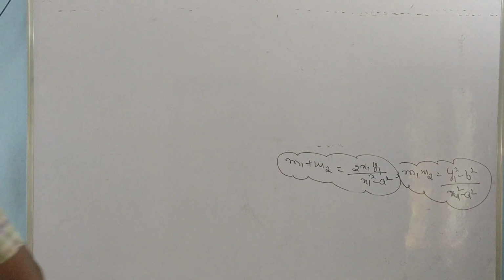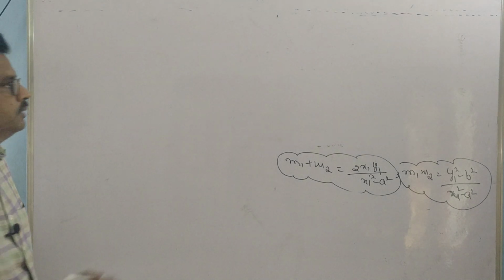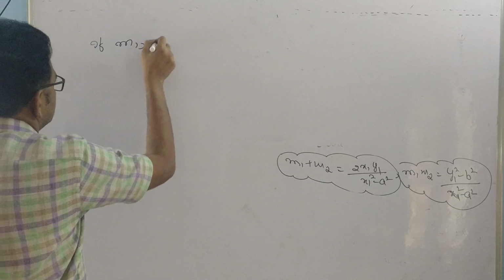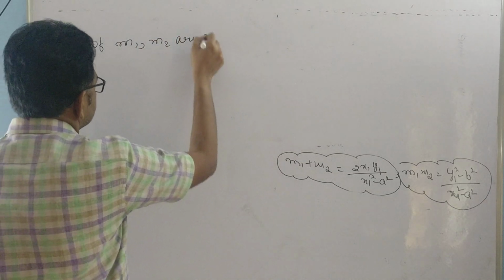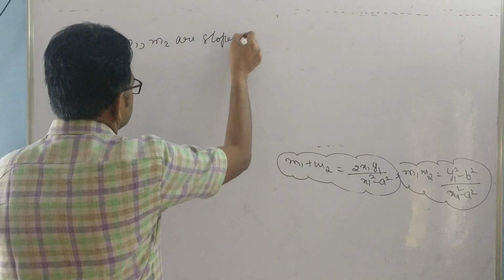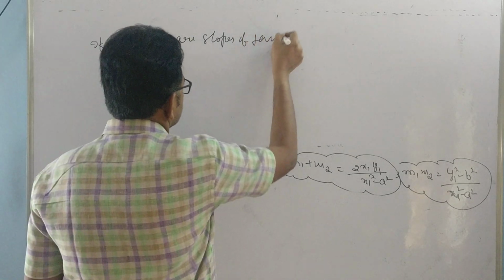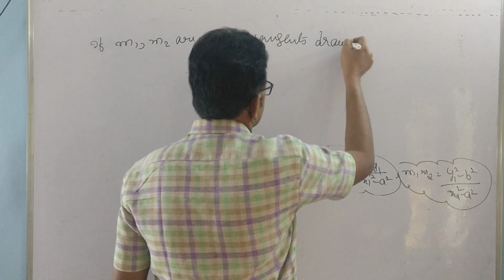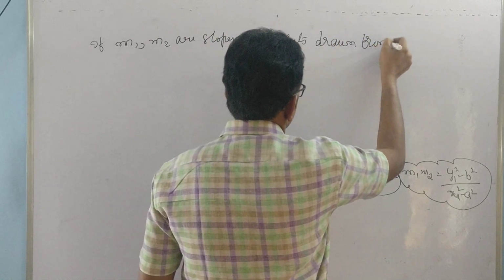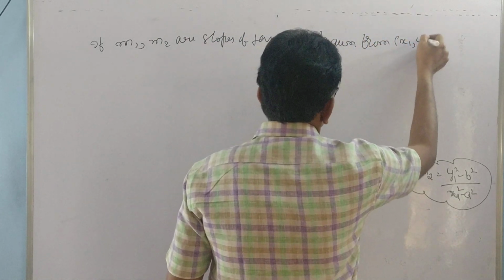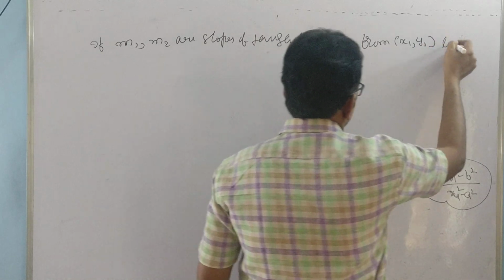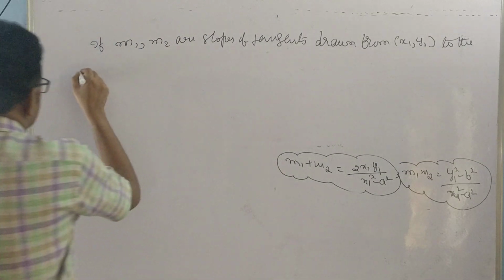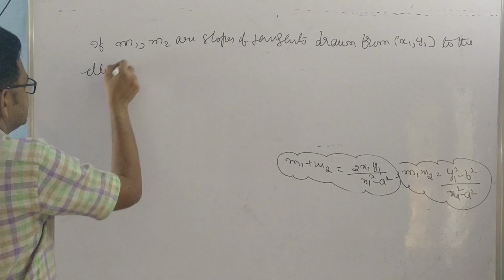Next point, if m1, m2 are slopes of tangents drawn from the point x1, y1 to the ellipse S equal to 0.